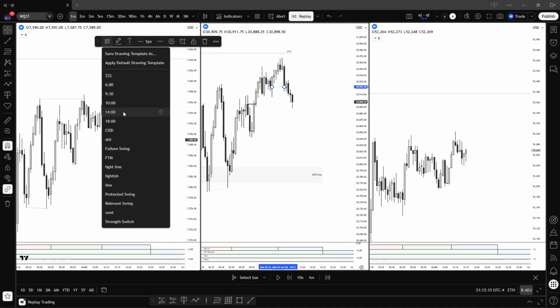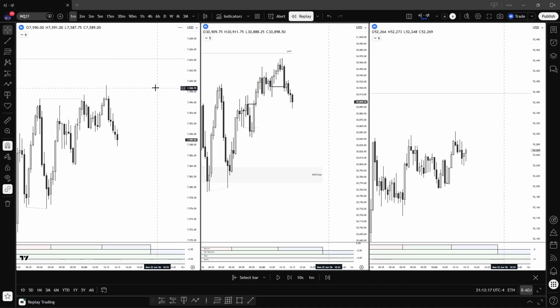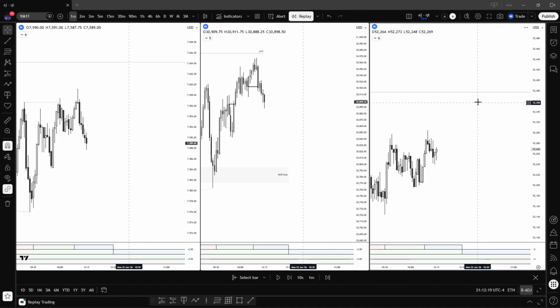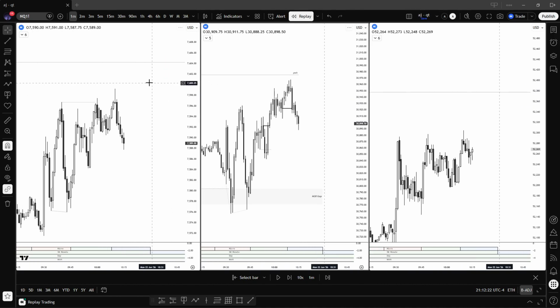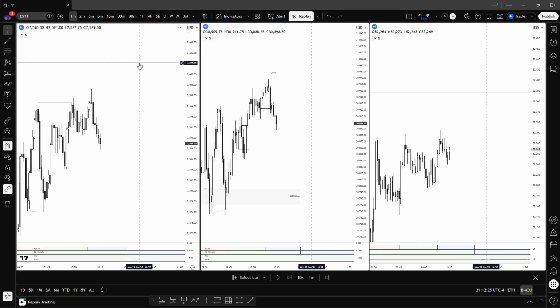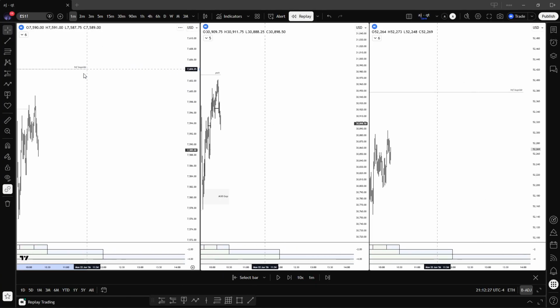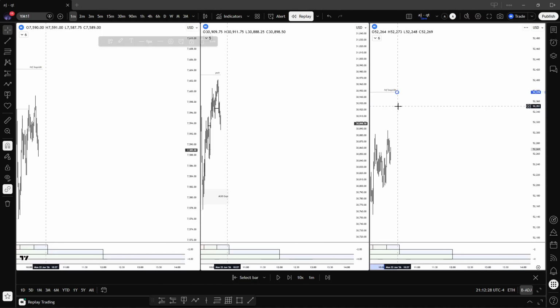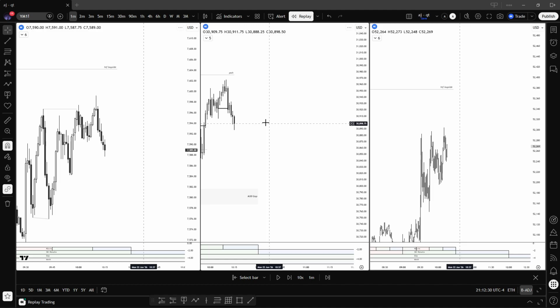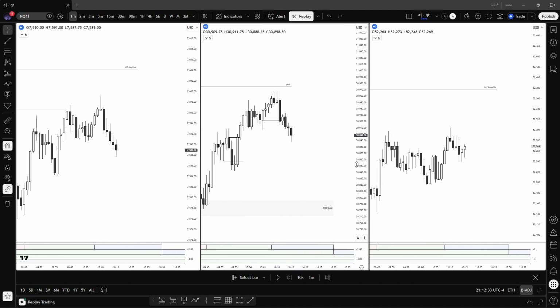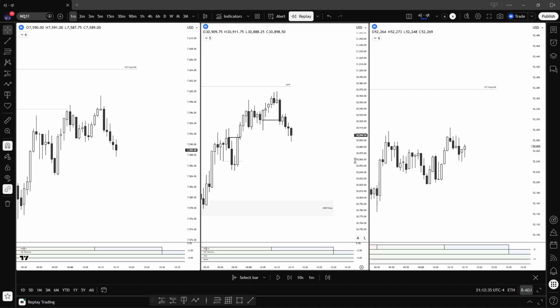I'll never take this SMR, just because we have no really clear level we're reversing from, in my opinion, like a high probability level, as we have this high time frame buy side on all assets that we're failing or not reaching. But that doesn't mean I would just short, because these are our failure swings.